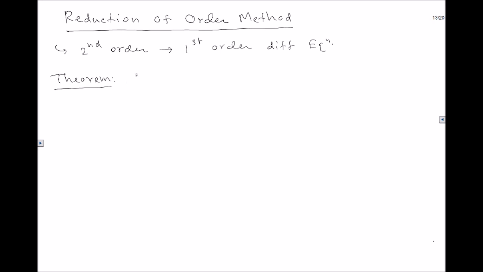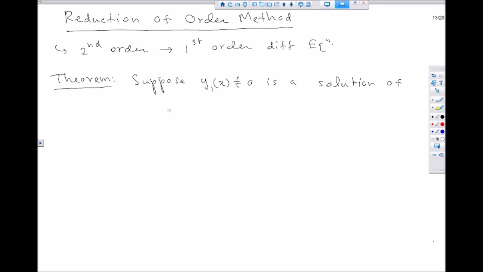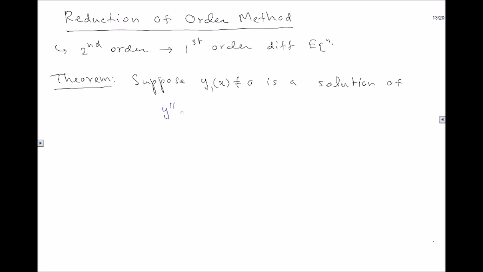Suppose y1(x), which is not equal to 0, is a solution of the second order differential equation in the standard form, that is y double prime plus p(x) y prime plus q(x) y equals 0.